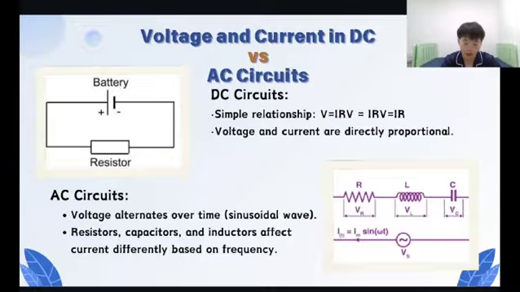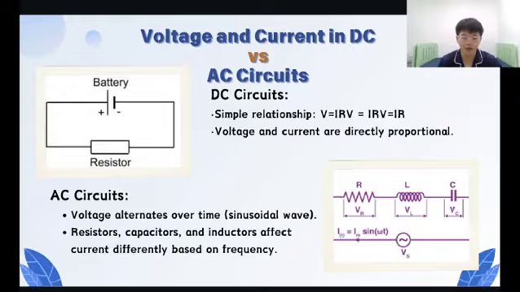In DC circuits, the relationship between voltage and current is simple and straightforward. According to Ohm's law, we have the equation V equals I times R, where voltage is directly proportional to the current, and the resistance R is constant. But when we switch to AC circuits, things become a little more complicated.